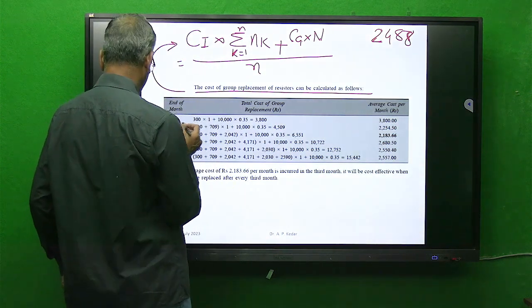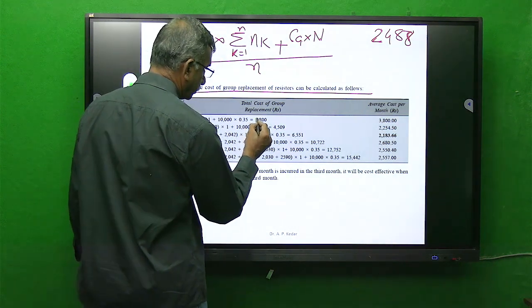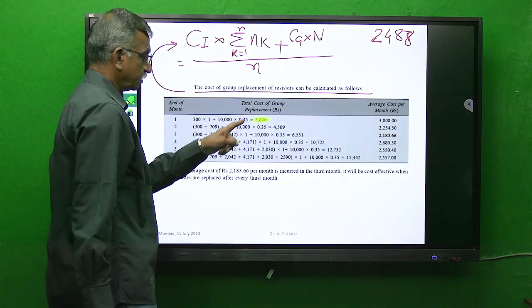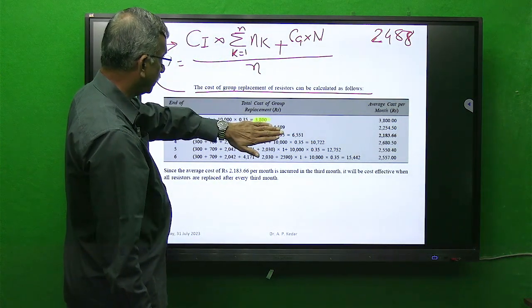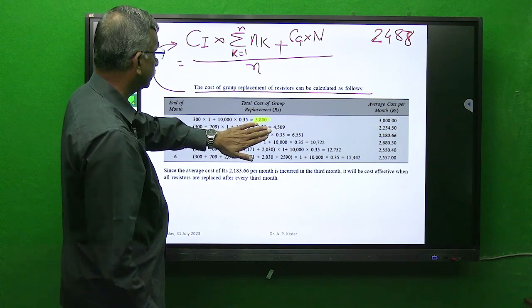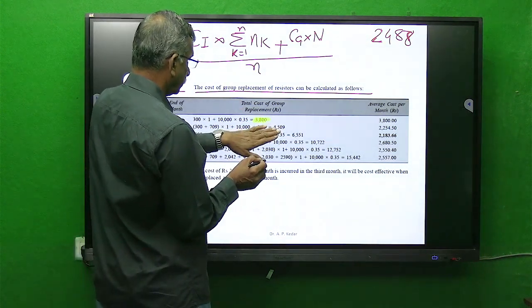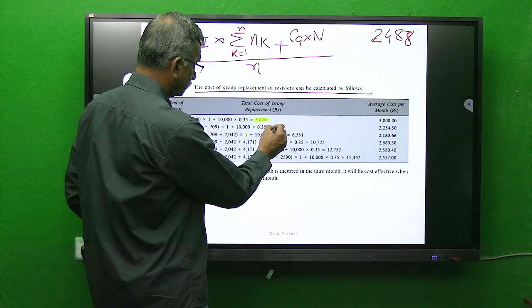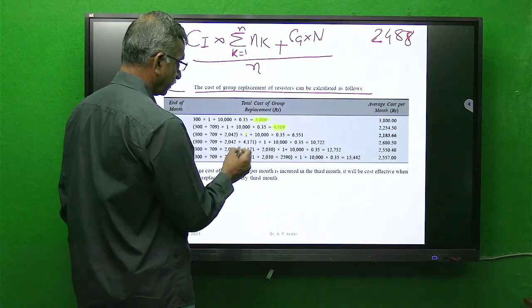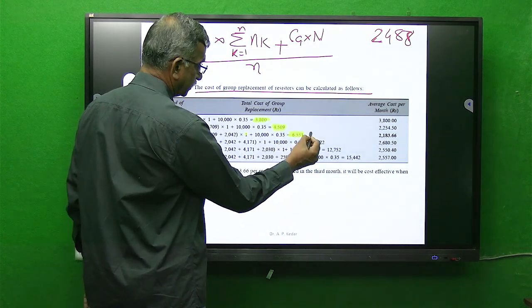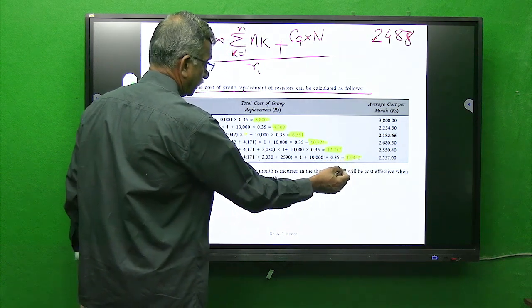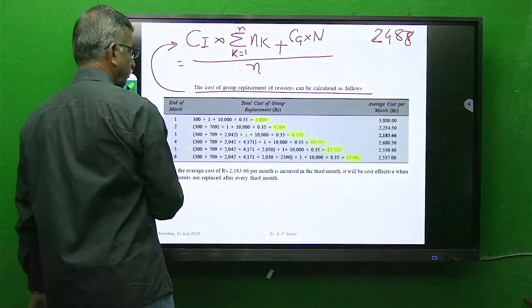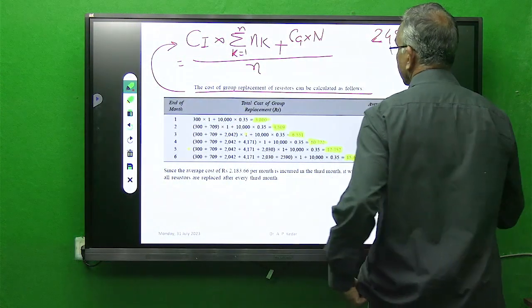So here you can find the total values without division. The first value comes to be 3800. If we do it without dividing by 2, this comes to be 4509. The third value comes like this, then fourth, fifth, sixth. Now students, what we will do is divide this by 1.